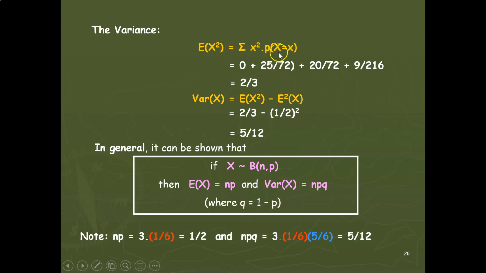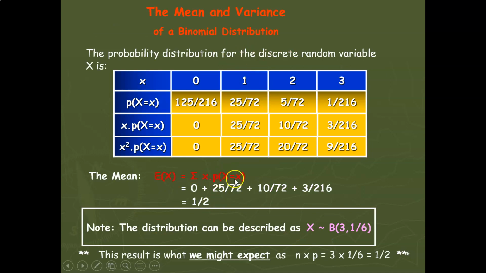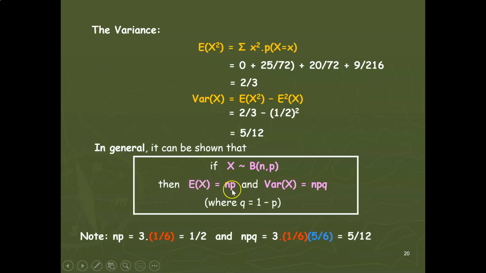Either use the summation like this, or use this formula and this formula. Both are correct. I believe you will use this one because it is the easiest. You just need to memorize that the mean or expectation equals np and the variance equals npq. That is for the binomial distribution.